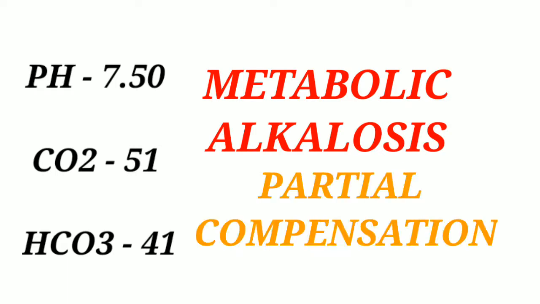In this case, the patient is admitted with metabolic problems and the pH is 7.50, it's more than 7.45. It's metabolic alkalosis. And the CO2 level is more than 45 and the pH is more than normal. This is partial compensation.